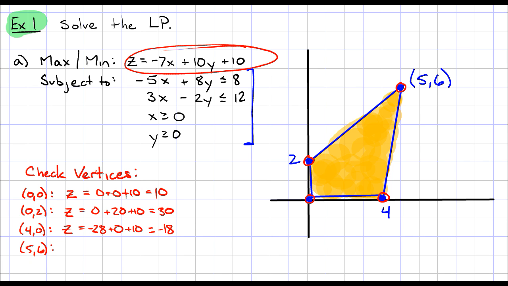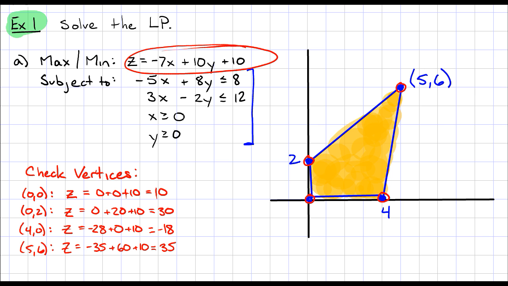And then plugging in 5, 6, I have minus 7 times 5, which is minus 35, plus 10 times 6, so that's plus 60, plus 10 more. So that looks like 35 all told.